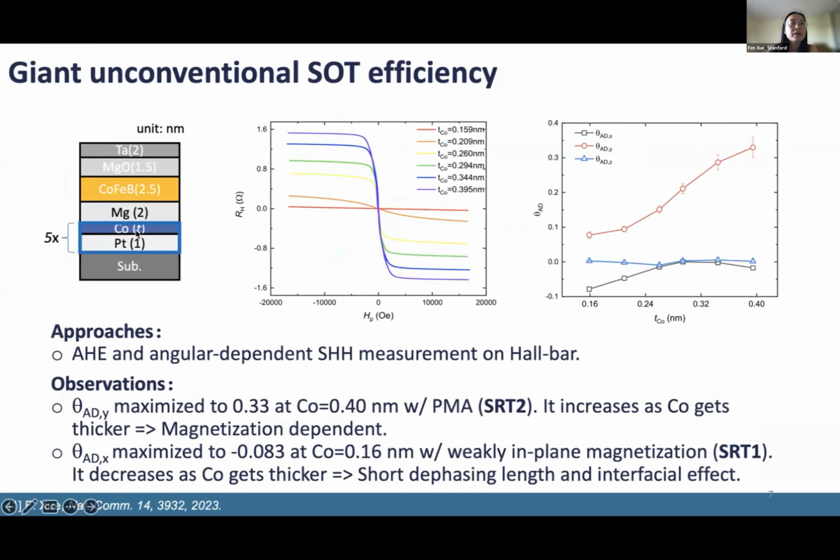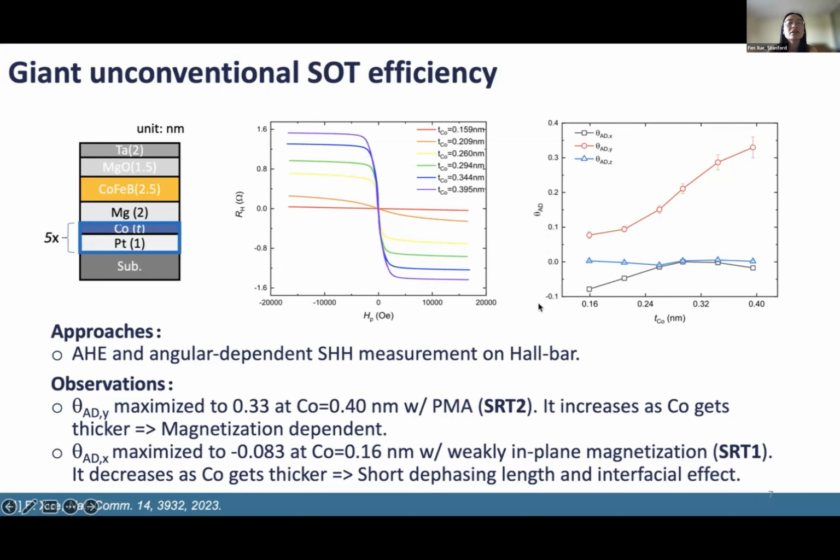The stack is a Pd/cobalt multilayer with five repetitions, and we vary the cobalt thickness, with a cobalt-boron in-plane free layer as the layer to exert SOT torques and monitor the SOT efficiency. We did anomalous Hall effect measurements and angular-dependent second harmonic Hall measurements on Hall bar devices to see the magnetic properties and also extract the spin torque efficiencies of X, Y, and Z spin polarization.